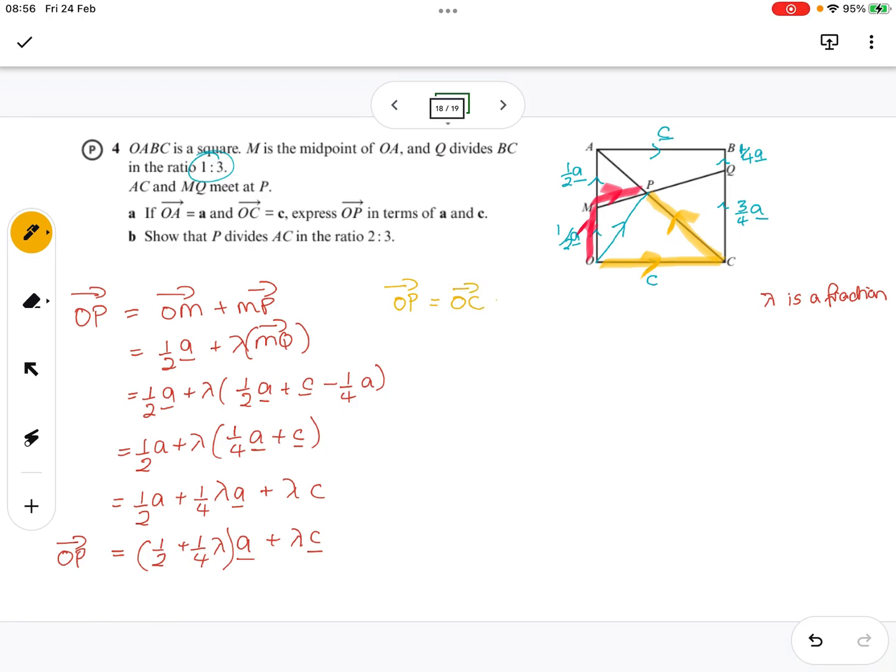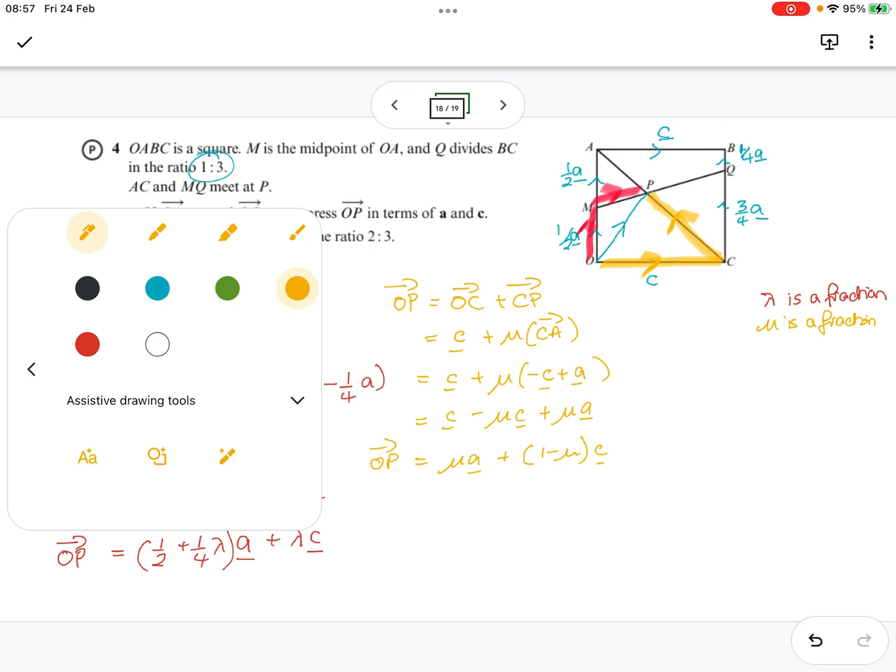So that is O to C and C to P. O to C is C. And C to P, we're going to go a different fraction, possibly, mu along C to A. So C to A is minus C plus A. Multiply it out: minus mu C plus mu A. I'm going to stick the A's at the front, so I've got mu A plus 1 minus mu lots of C.